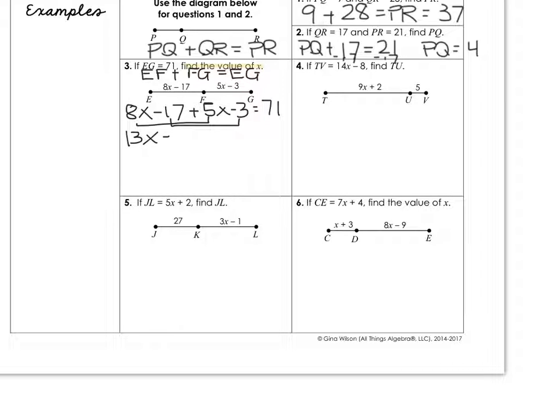Combine our constants. And solve. Divide by 13. x equals 7.